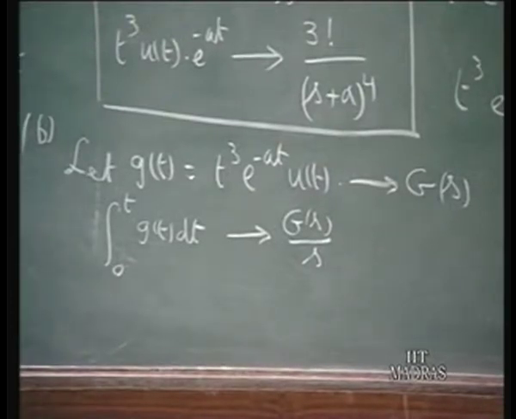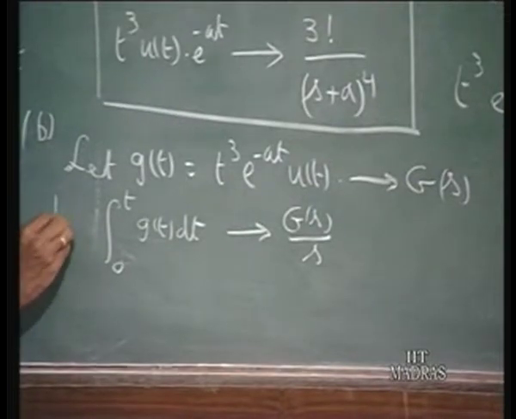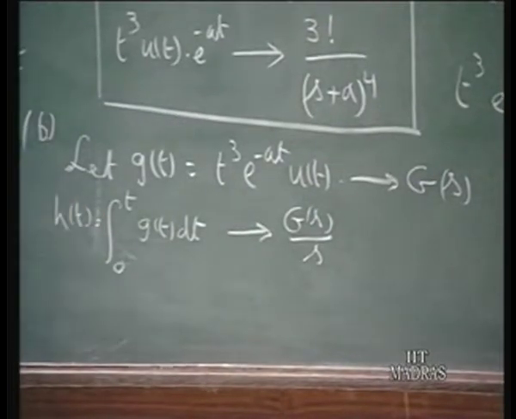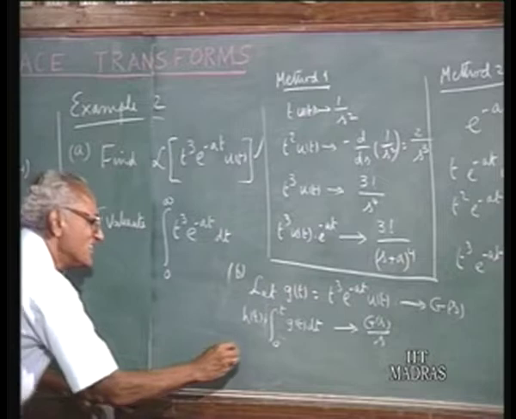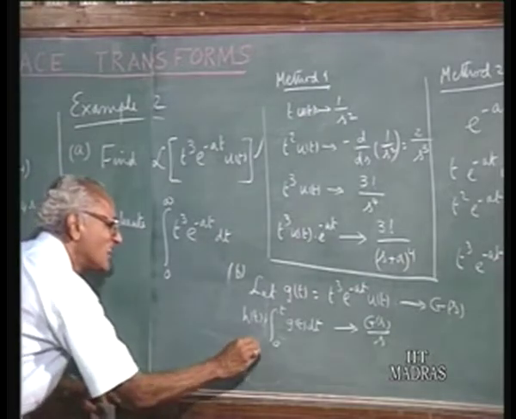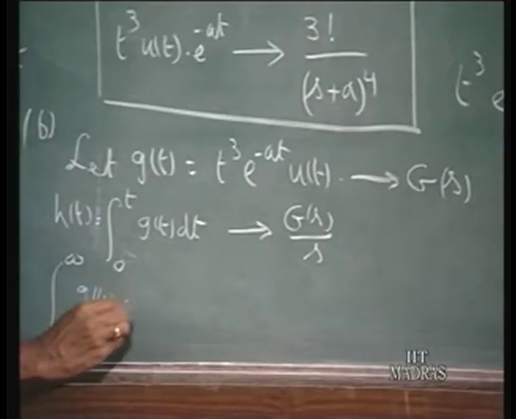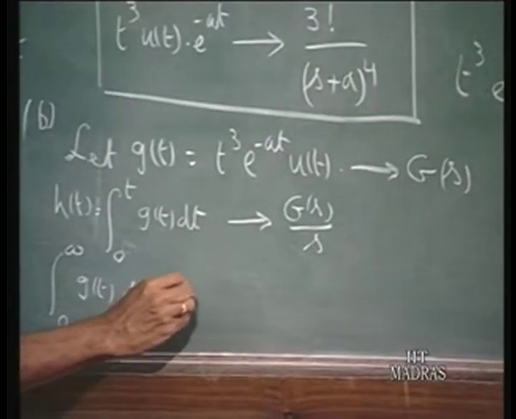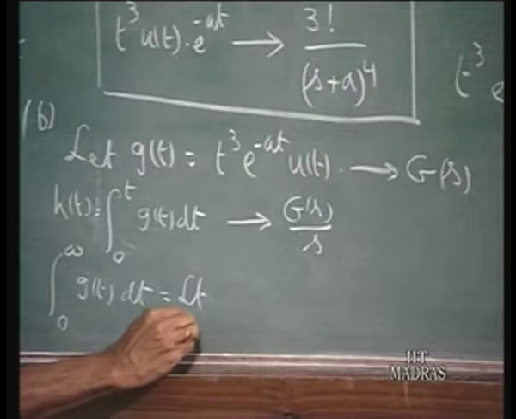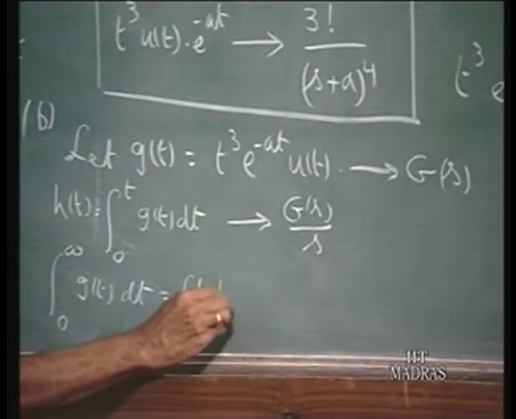Now, what is 0 to infinity of g of t, suppose this integral is h(t). What we want is not 0 to t, but 0 to infinity. Therefore, 0 to infinity of g of t dt can be regarded as the final value, the limit as t tending to infinity of h of t.